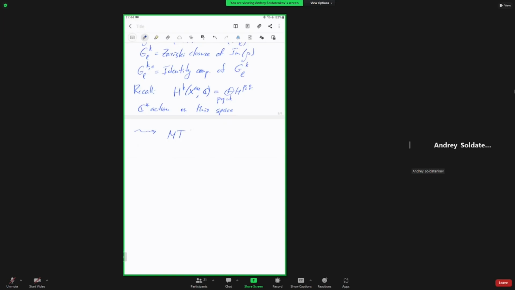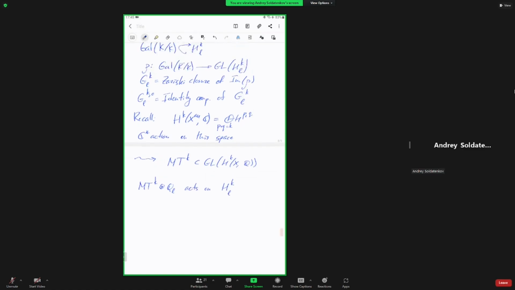So we get the Mumford-Tate group inside GL of H^k tensor Q. Then we can take the tensor product of this Mumford-Tate group with Q_L, and we get an action on H^k_L, on this Q_L vector space.